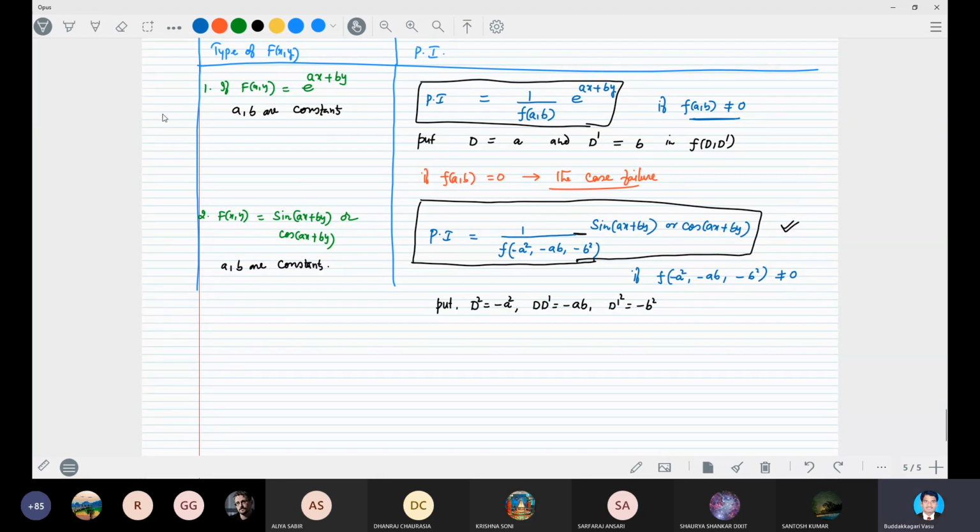If it is equal to 0, again it will be the case of failure.